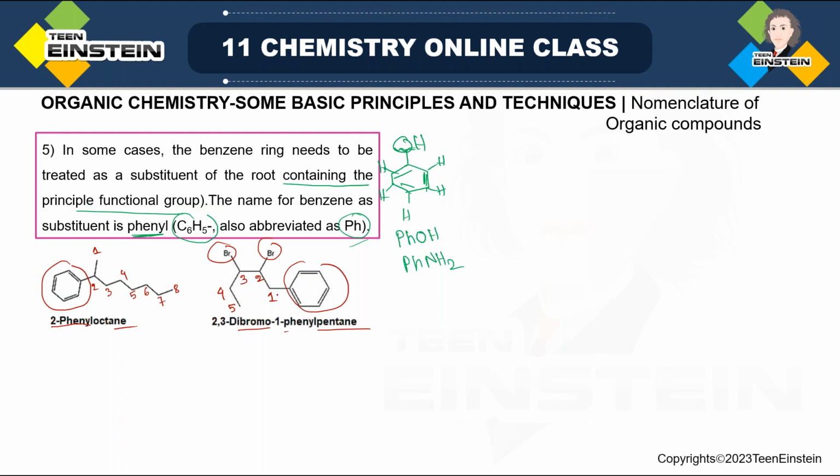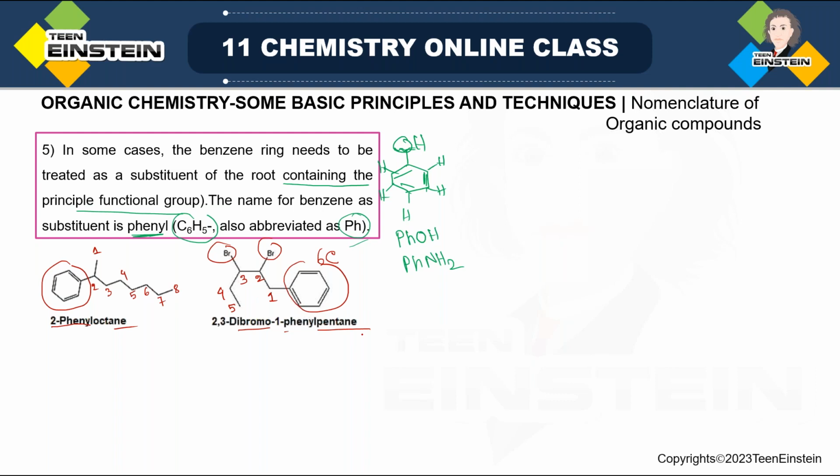But remember, in a benzene ring there are total 6 carbons. So when the number of carbons in the chain is lesser than this, suppose 5 or 4, it may vary, because the 5 or 4 carbons that you have, which is lesser than 6, may be present with some substituents.